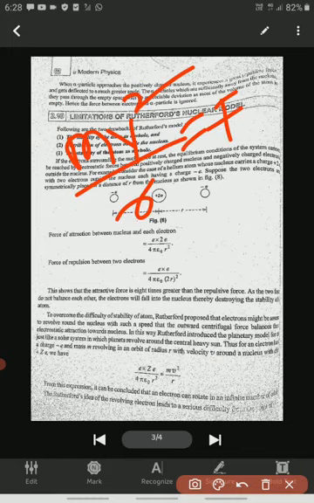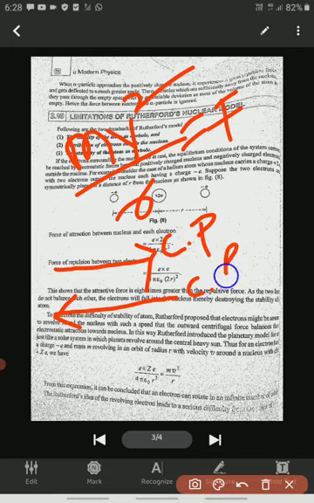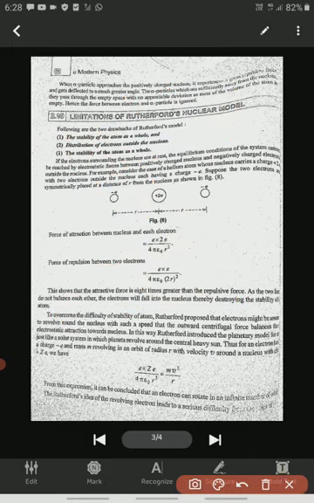We should remember that the centripetal force always acts toward the center, and the centrifugal force always acts outside the center. Remember this point.